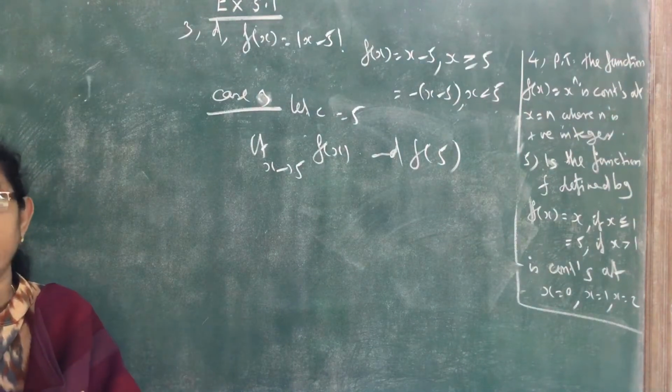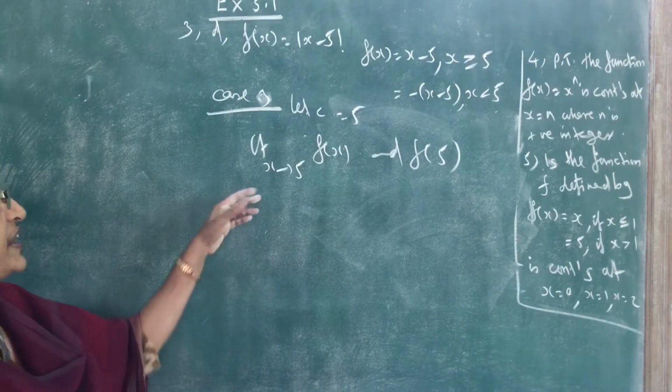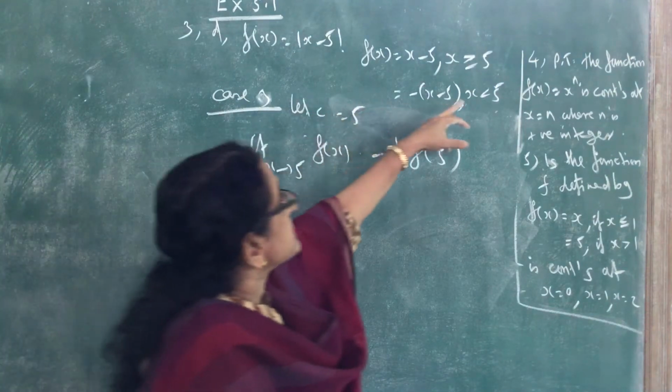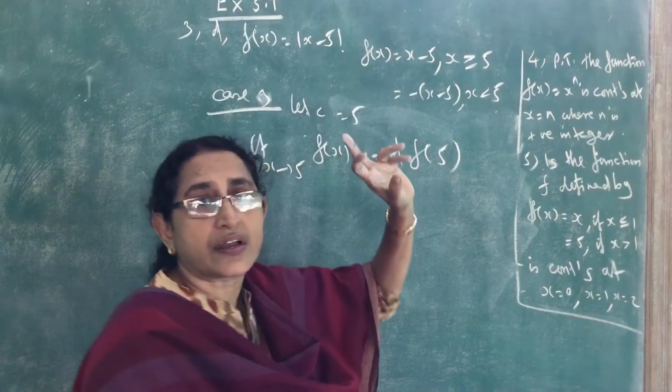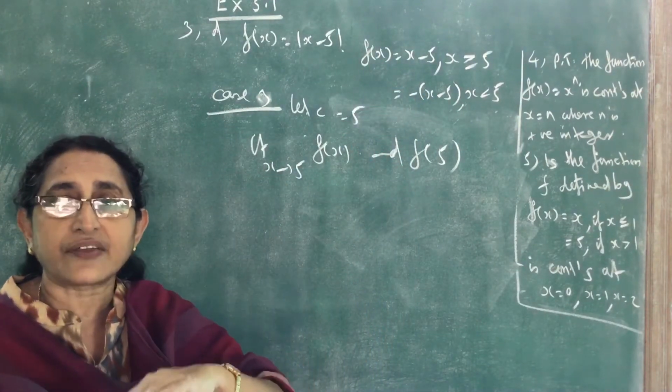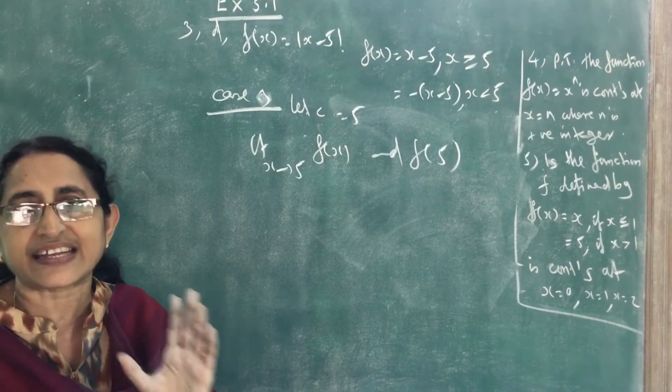When x is less than 5 the function is this one, and x greater than 5 the function is this one. Two values. That is why we are finding left and right limits at x equal to 5.